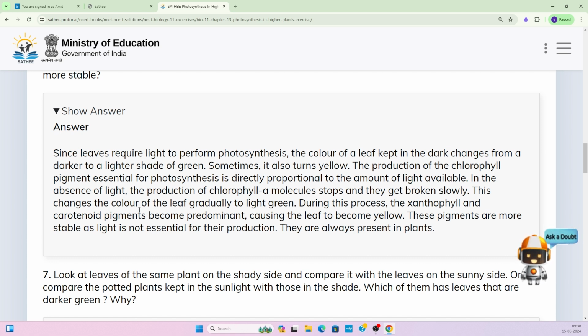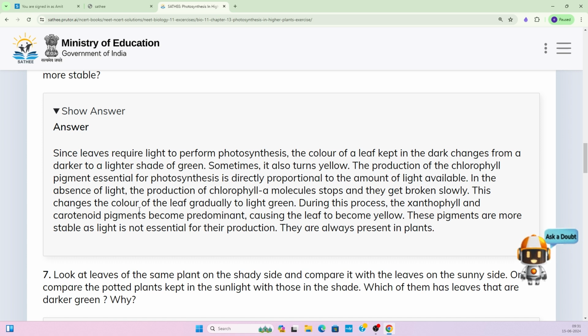The production of the chlorophyll pigment essential for photosynthesis is directly proportional to the amount of light available. According to how much light is available, chlorophyll pigments get synthesized in the plant.